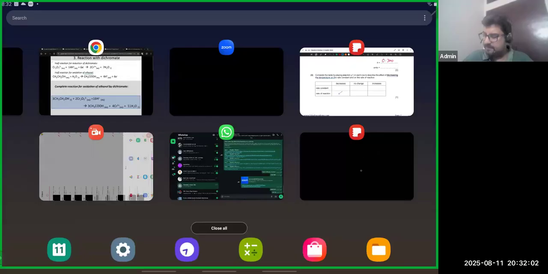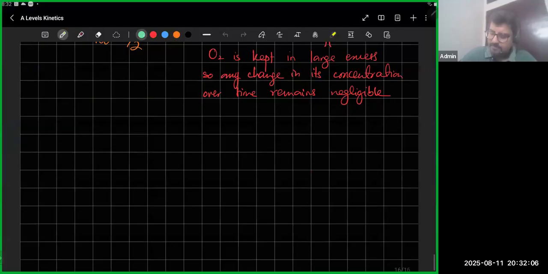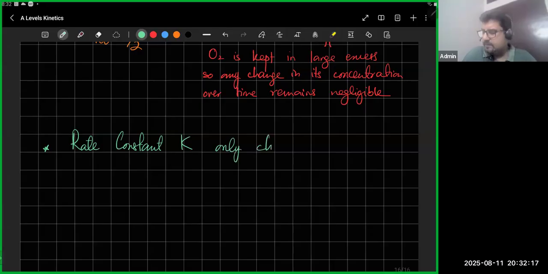Another small point: the rate constant K only changes with temperature, and it actually decreases when temperature decreases.